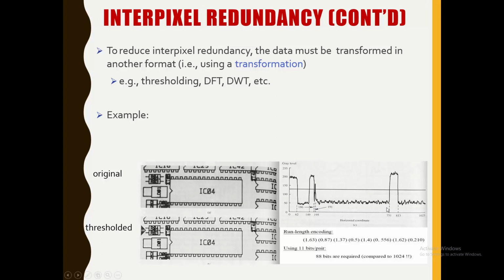Again for the next 62 pixels the intensity value is 1, and for the remaining 210 pixels the intensity value is 0. So in total there are 8 pairs corresponding to these 1024 pixels, and for every pair we need 11 bits. So a total of 88 bits are required as compared to 1024.